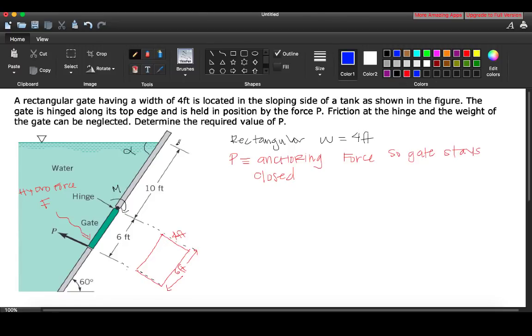So let's label our distance along our y-plane. So this is my 0, 0 line. Sorry, it's my 0, 0 point. This is going to be my y-plane, right? So from here to here, that is my y-axis, okay?